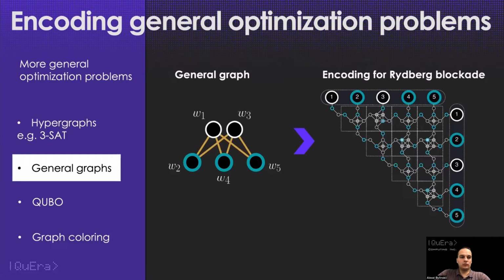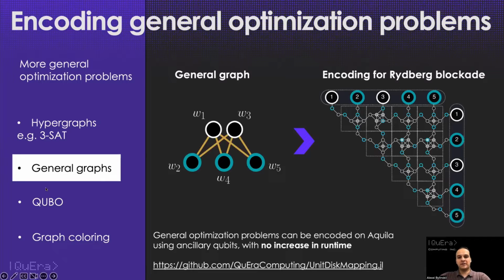And with our plans to offer much larger FPQAs in terms of numbers of qubits, more and more generalized problems should become accessible. If you're interested in doing these mappings from general graphs that your problems might map onto into these FPQAs, there's code that we have made available through our open source repository called Unit Disk Mapping. Please feel free to check out that code at the link below.